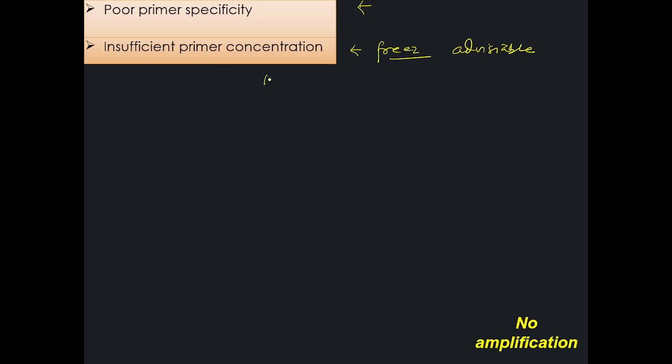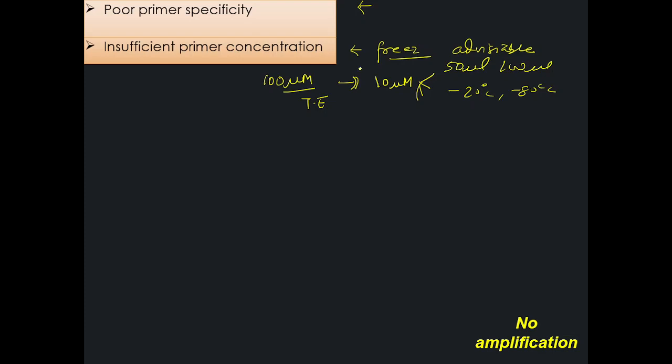For example, in our lab we make a stock of primer at 100 micromolar in TE buffer, that is Tris-EDTA buffer, and then we make a working stock of 10 micromolar. We aliquot this into several 50 or even 100 microliter vials stored at minus 20 or minus 80 degrees Celsius, and then use one vial to avoid primer degradation.